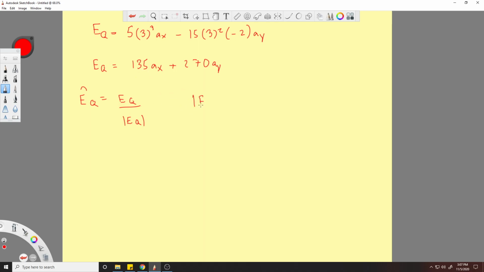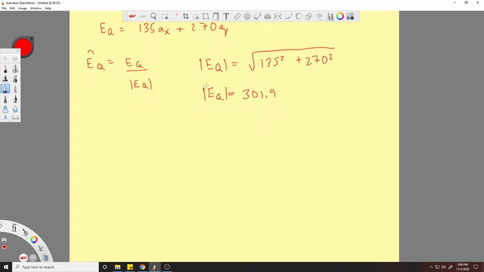So the magnitude of EQ, we just use our magnitude equation: 135 squared plus 270 squared. That will give us a value of 301.9, almost 302. And now you would just divide this vector by this.